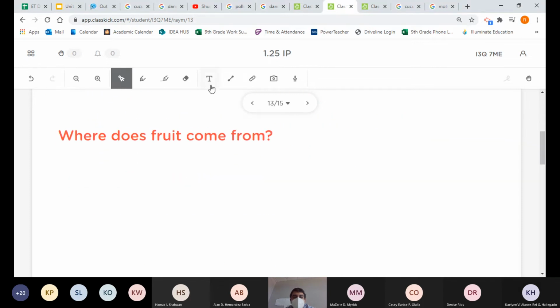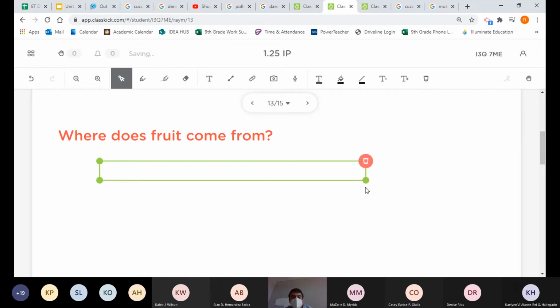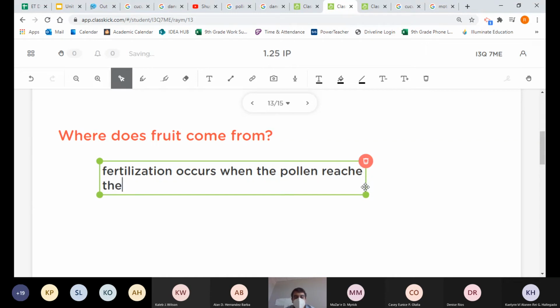Okay. And then where does fruit come from? Fertilization is when the pollen reaches the ovary.